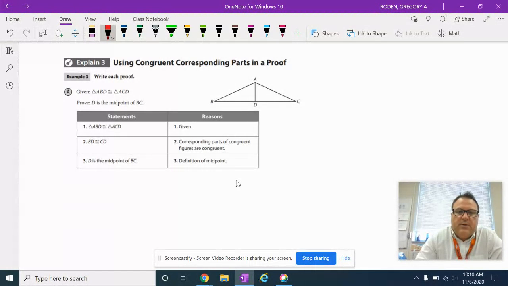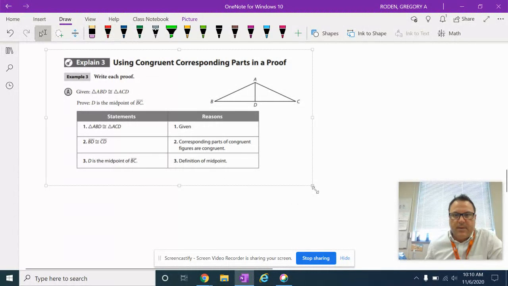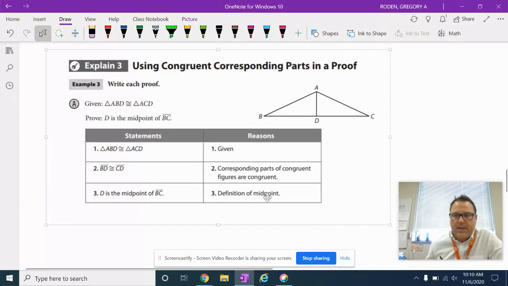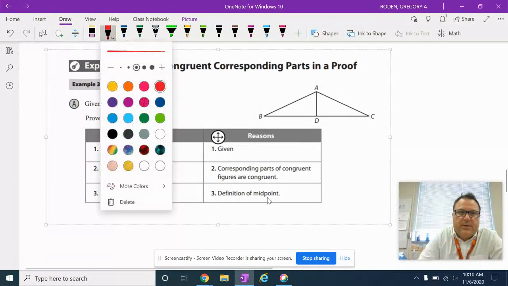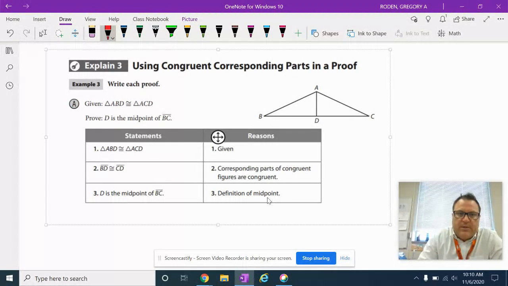ACD. So what I'm going to do now is make this a little bit bigger just so we can see it a little better, and let's mark this picture here. If we know that these are congruent, I'm going to show you how to mark pictures congruent. So let's mark all the corresponding angles that are congruent. Angle B corresponds with angle C, so I'm going to put one arc there.